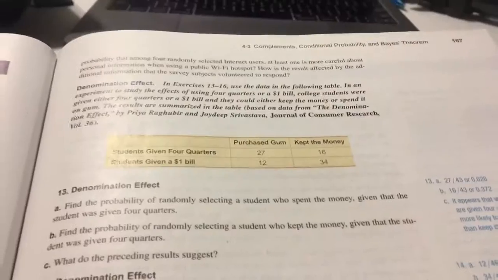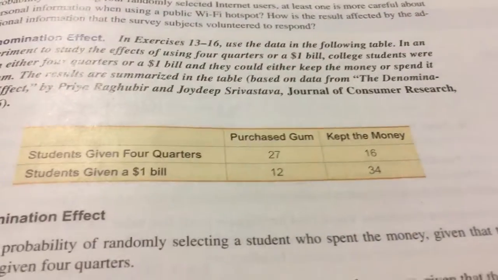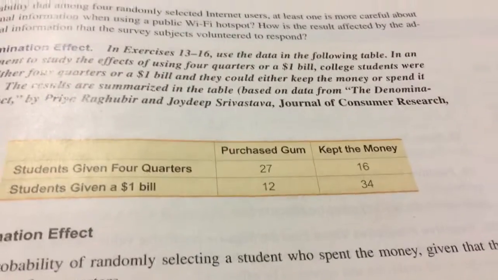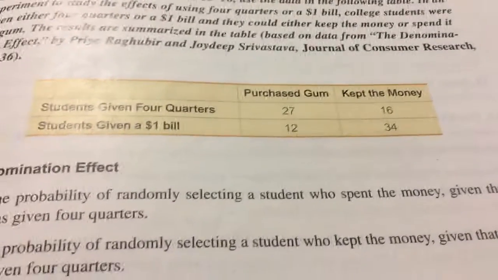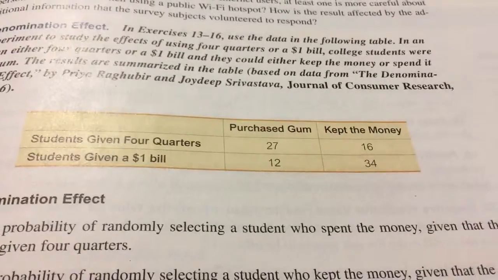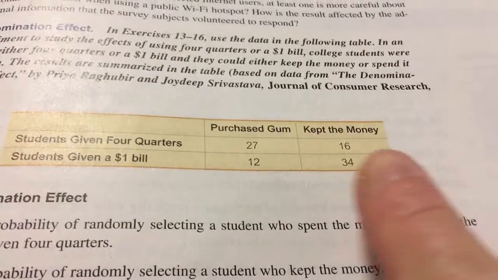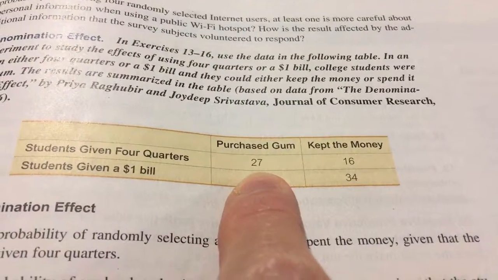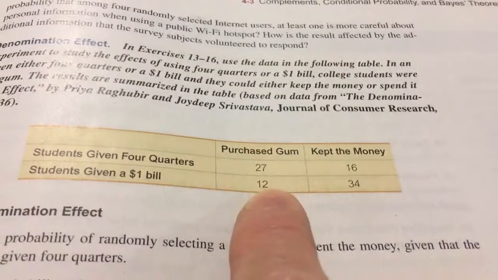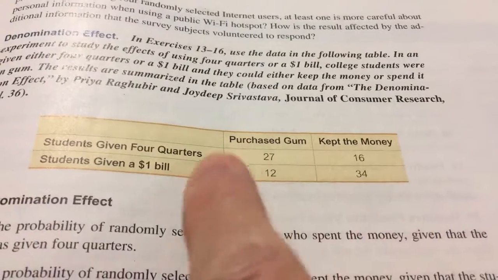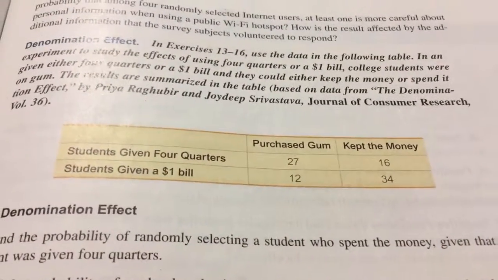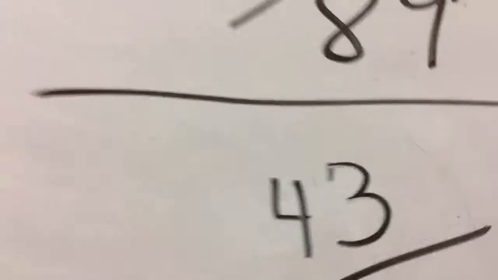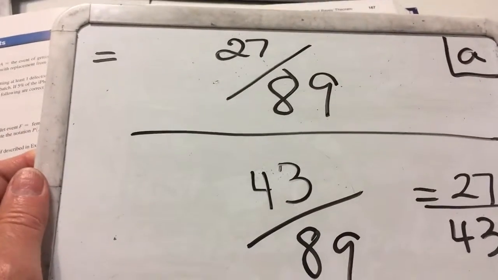When we look at our little chart, we want the probability that it was spent and 4 quarters, and that is going to be the spent column, where they purchased the gum, and 4 quarters. So there's only 27 that meet both requirements. So 27 out of a total of 89. And we have that right here.